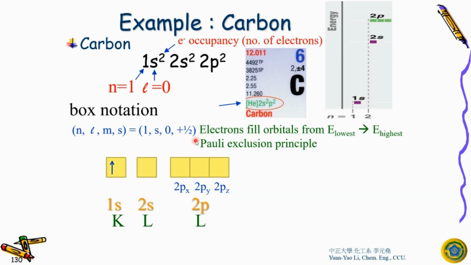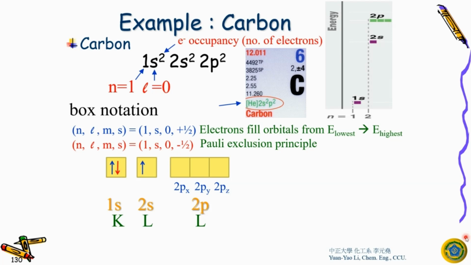So the Pauli exclusion principle tells us that you have to put it here, and the quantum number will be what? If this is spin up, this will be spin down, with the same first 3 quantum numbers, 1s, and 0.